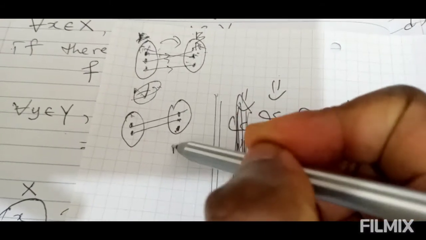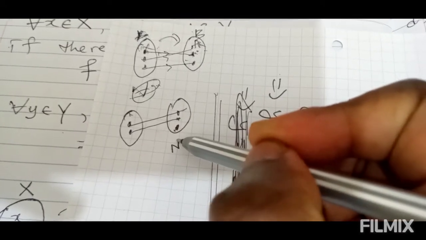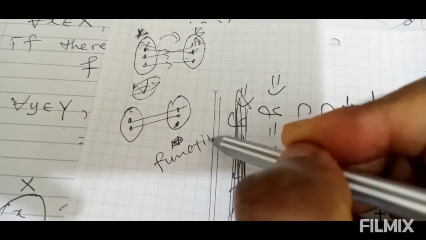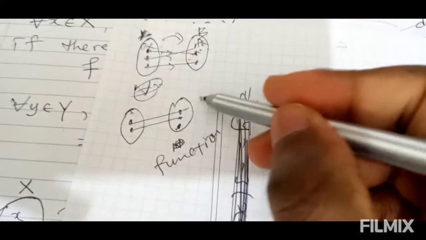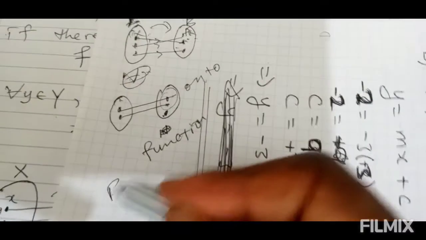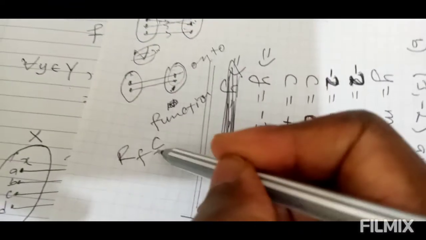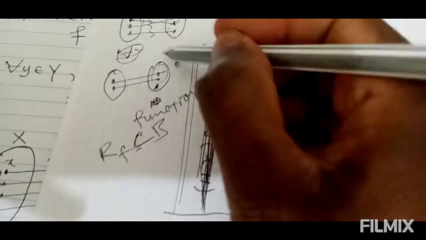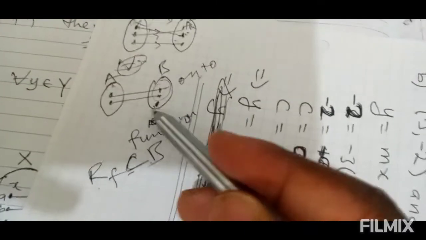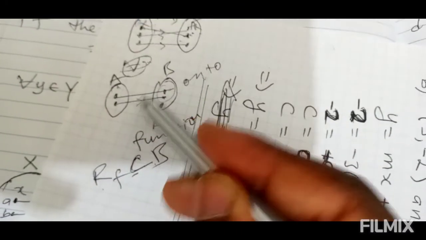This is a function, but it is not onto. The range of F is a subset of B, where this set is B and this is A. There is an element remaining here.